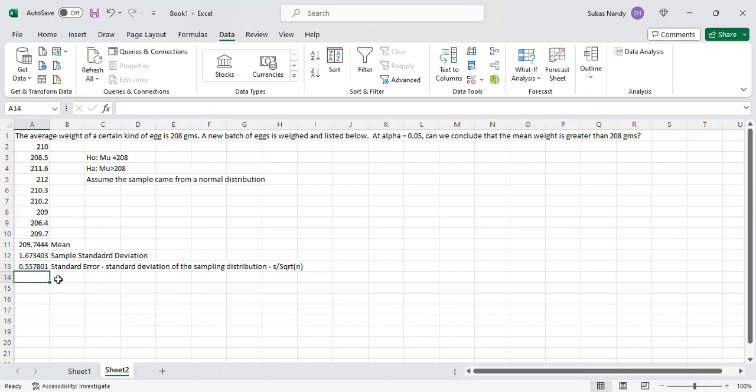Now we have to calculate the test statistic, whose formula is X bar, the sample mean, minus mu 0, divided by the standard error.